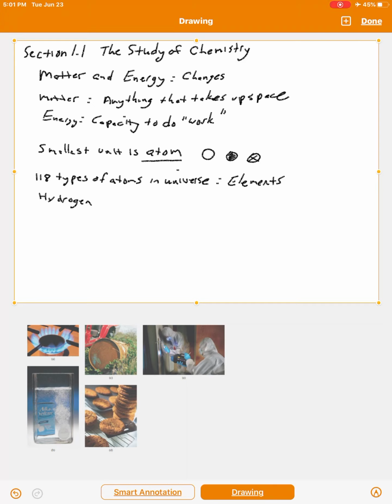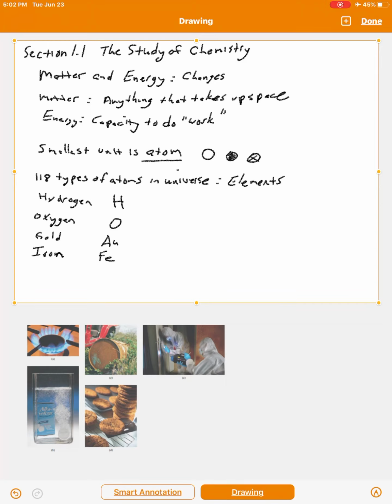You may not know many details about hydrogen, but you're at least familiar with it. Oxygen, gold, iron. And you may very well realize that there are symbols that we use to represent these elements. Okay? So we'll talk more about atoms when we get into chapter 2.